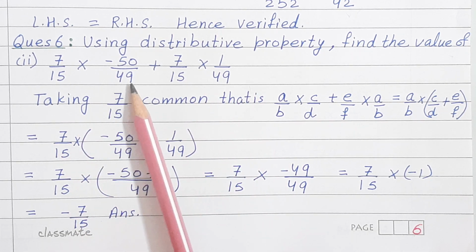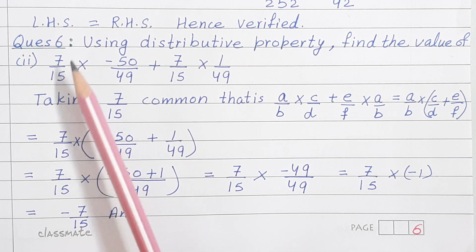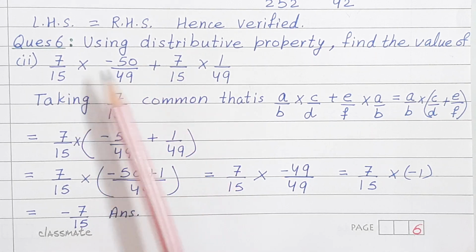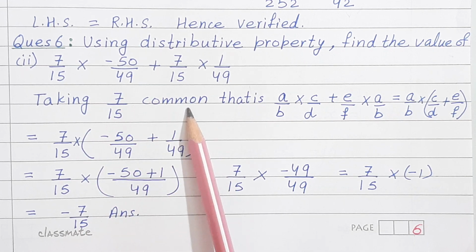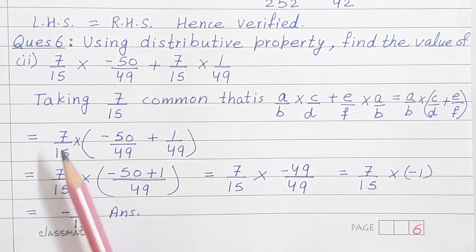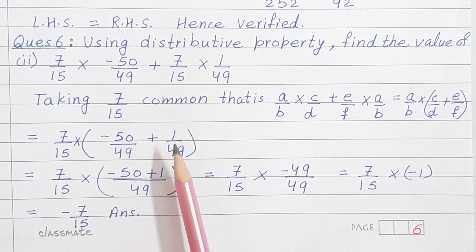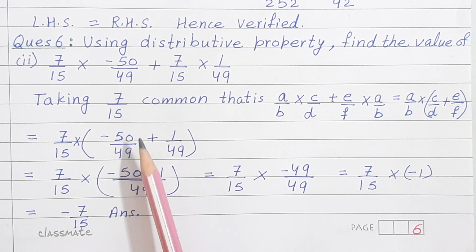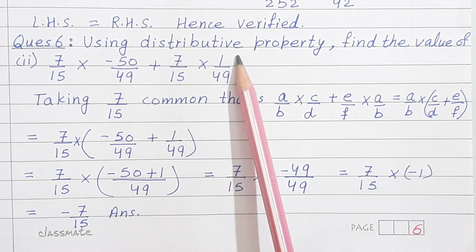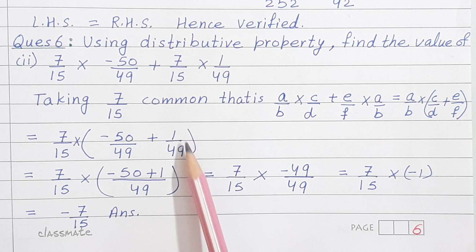Now children, here you can see that 7 upon 15 is common. So let us take 7 upon 15 common. So we will have 7 upon 15 outside the bracket, and inside the bracket we are left with minus 50 upon 49 and 1 upon 49.